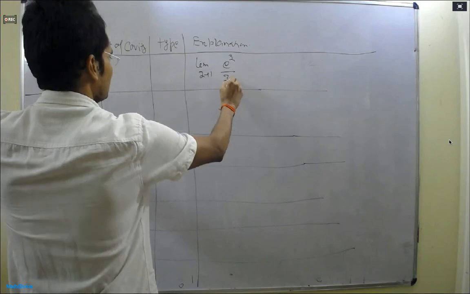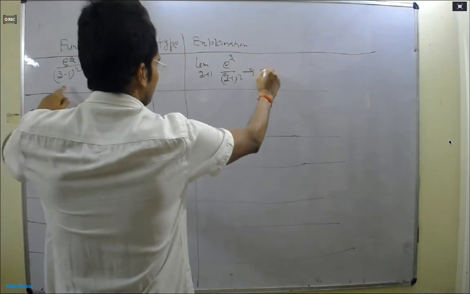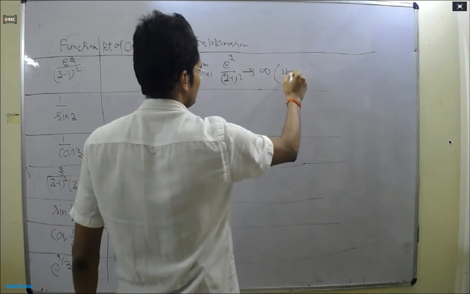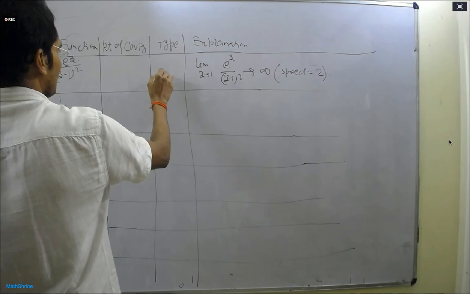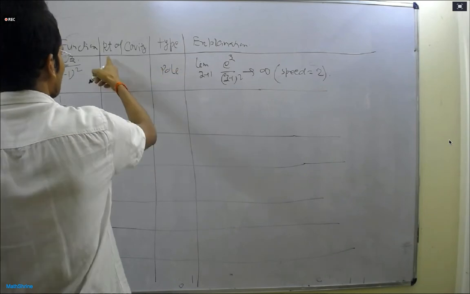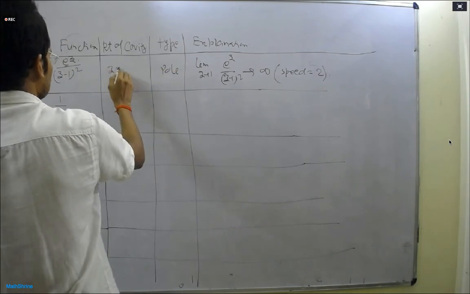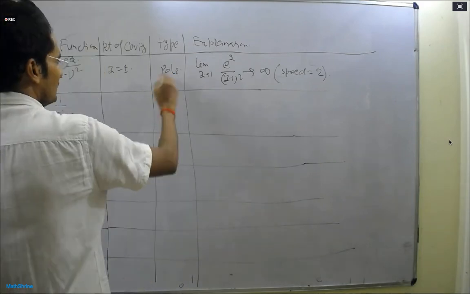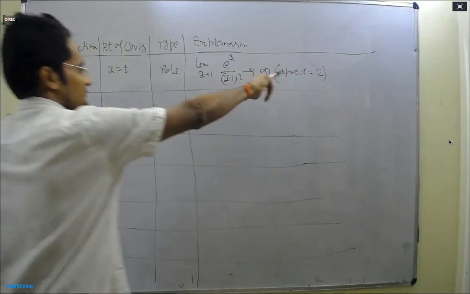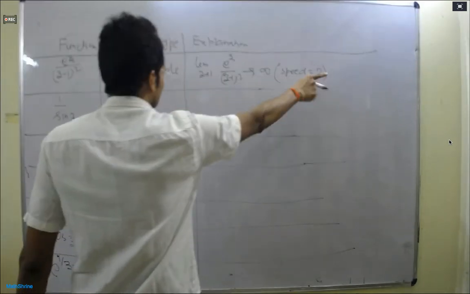What will be the speed? Speed is 2. So the type is pole, the point of singularity is z equal to 1. What is the speed? Speed is 2. This is called the order. So this is a pole of order 2.